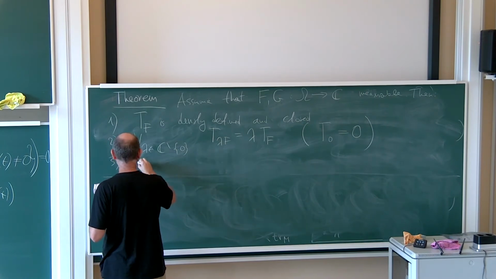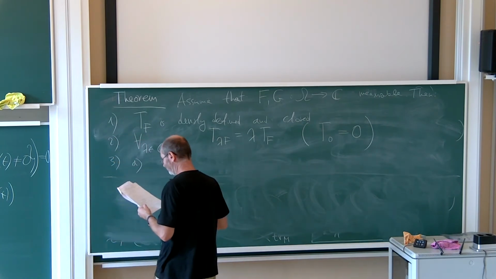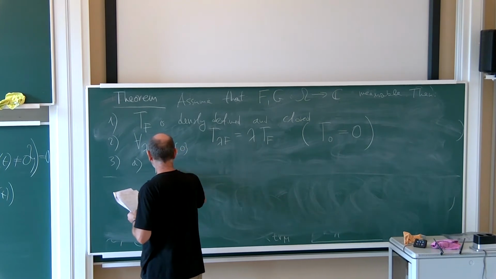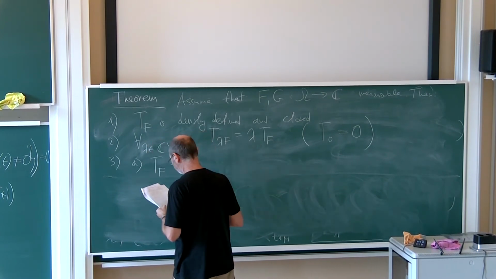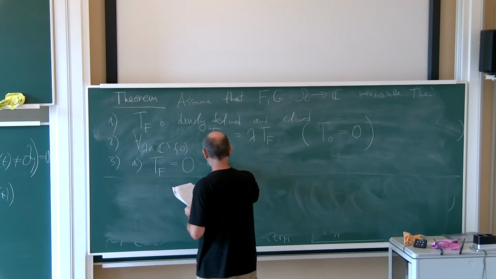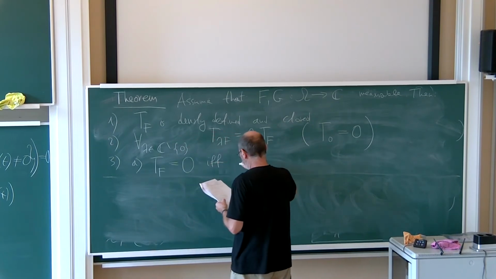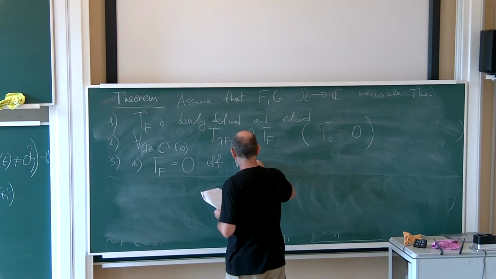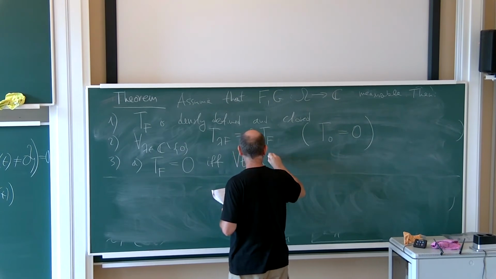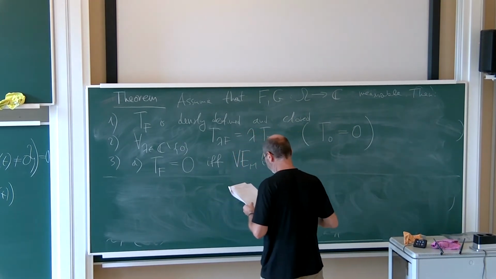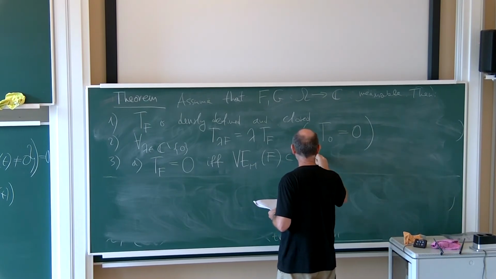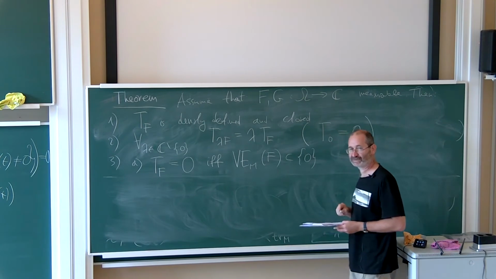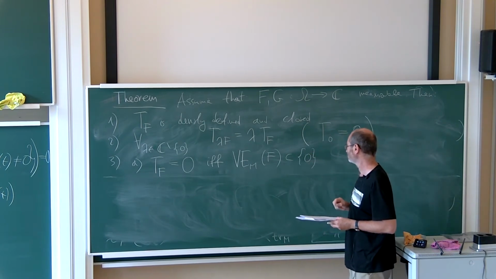Okay, the first part of point 3 is that Tf equals the zero operator if and only if the essential values of f are contained in the one-point set {0}.